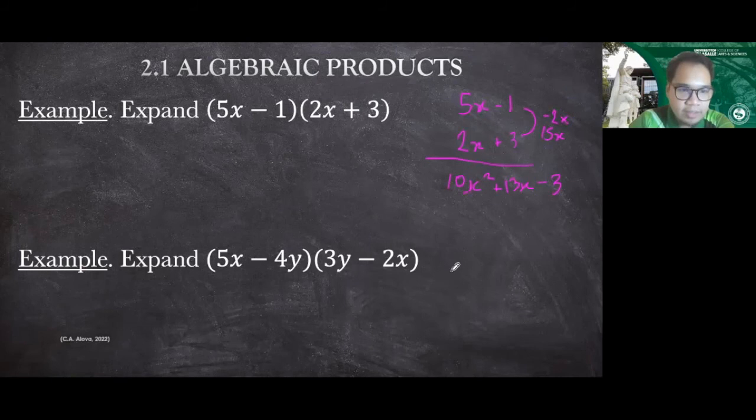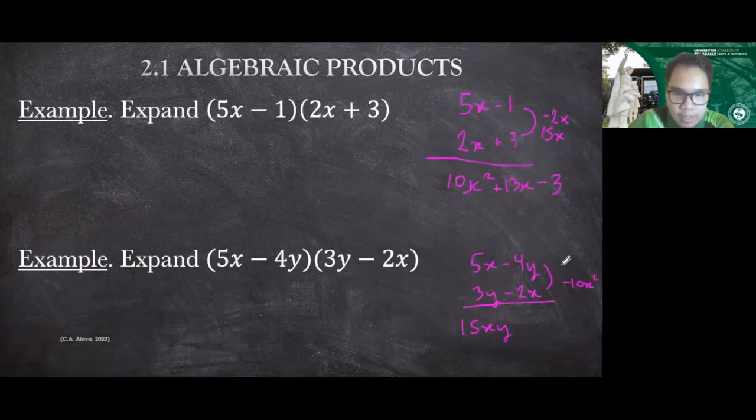Next, let's have this one, expand this: 5x minus 4y times 3y minus 2x. Let's have it. So 5x times 3y, that's going to be vertical. So we have 15xy. 5x times negative 2x is going to give us negative 10x squared. And then add that to the product of negative 4y times 3y.